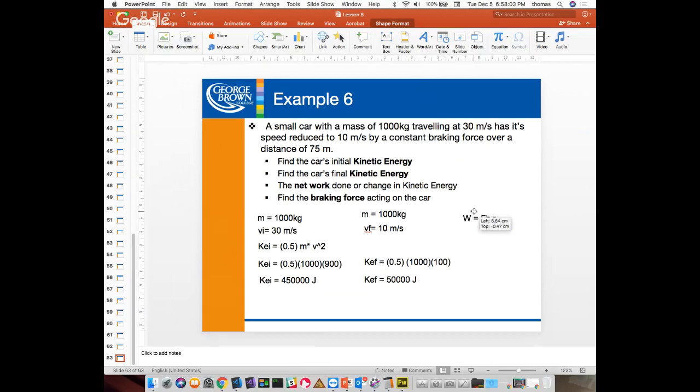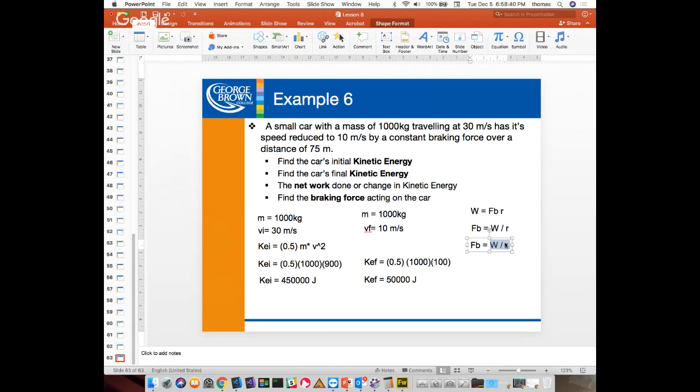So we can use this work formula that we came up with to figure this out. We can rearrange it: the braking force is equal to the work over the distance. All we've done is rearrange that algebraically. Then we take the total work, which is the difference. The net work is the difference between how much we started off with minus how much we ended up with.